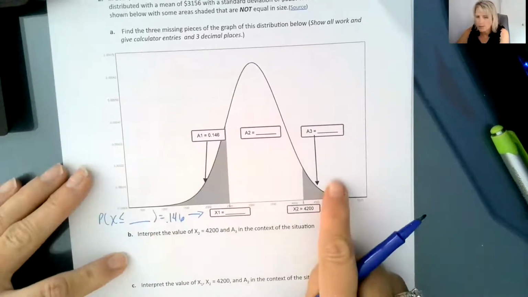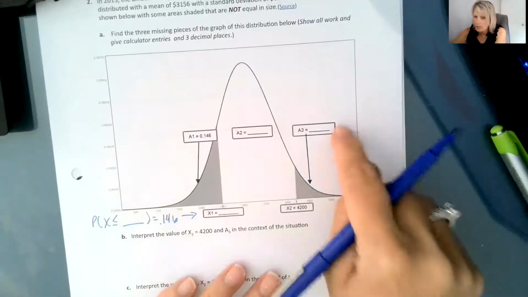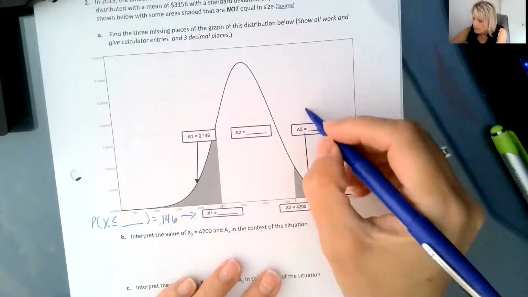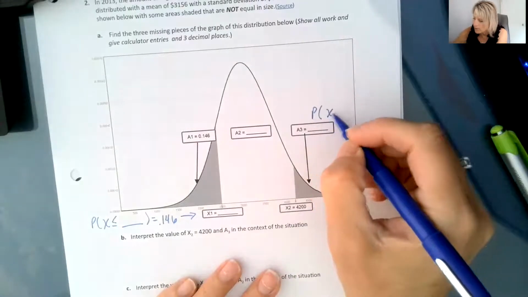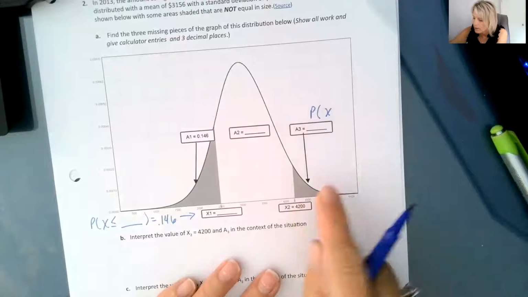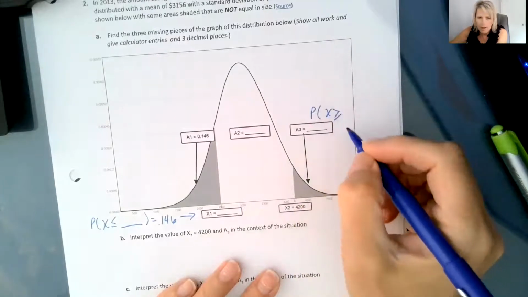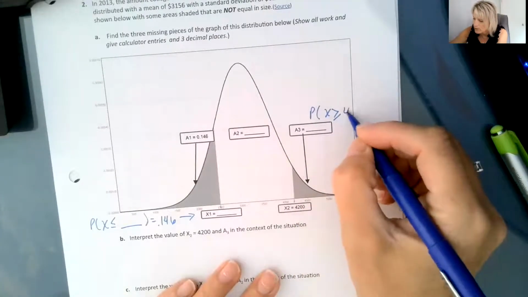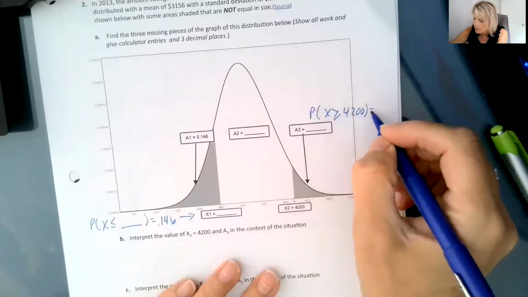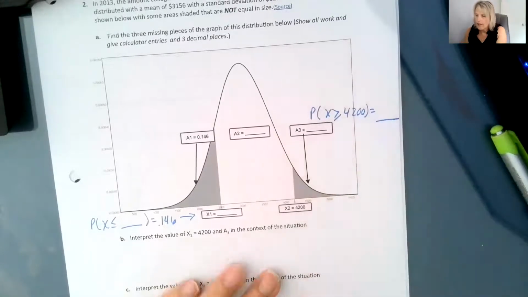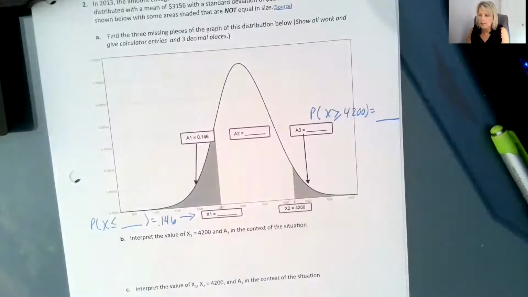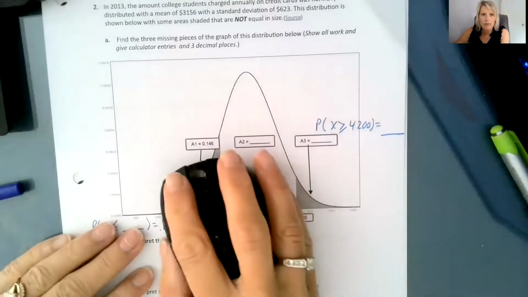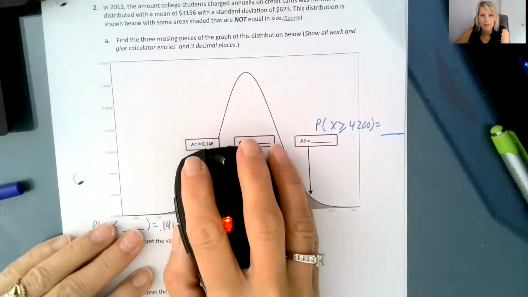Now you could have also started over here. This one up here is we're finding an area. So this is the probability that X is greater than, because it's shaded to the right, 4,200 is equal to what? Now, remember, you have to change in your StatCrunch the parameters because that's all changed.